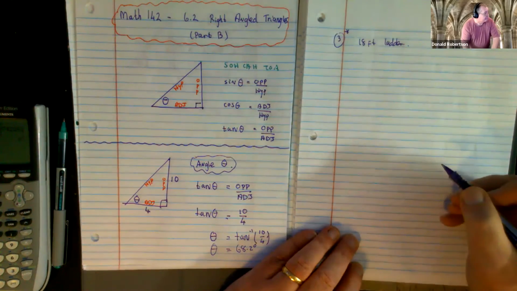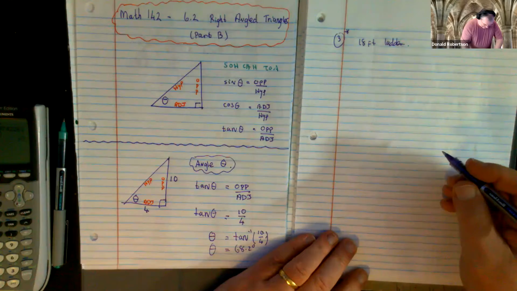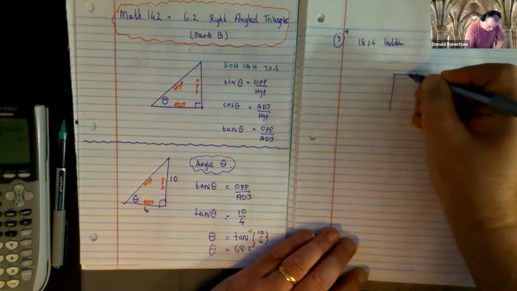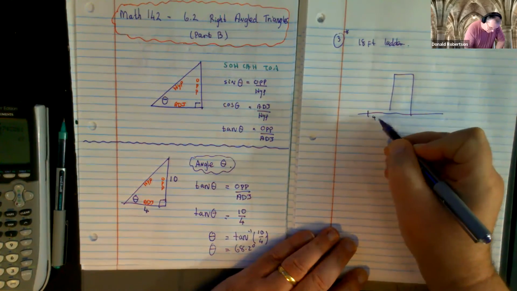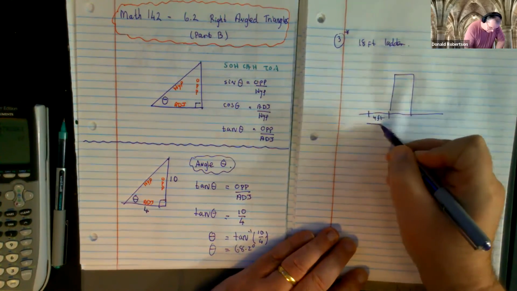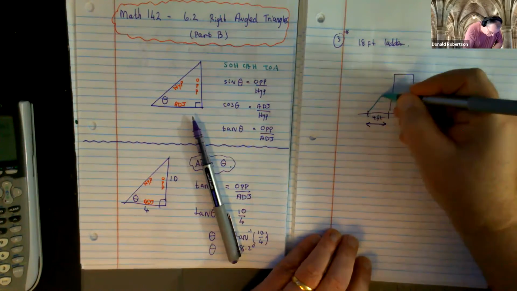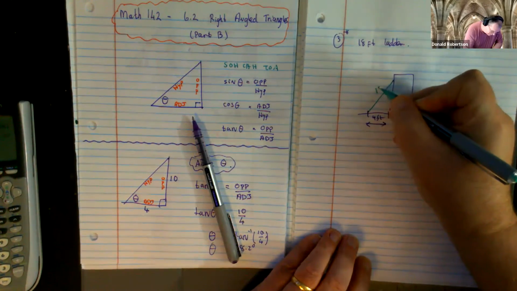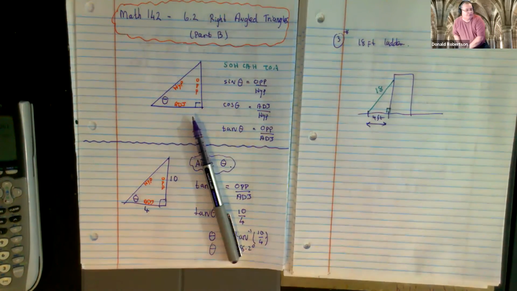If the base of the ladder is 4 feet from the base of the building, so here's my building, here's the ground, and it's 4 feet from the base, you're telling me that that distance is 4 feet. And then my ladder goes like this, and you're telling me that's 18 feet. Can we make the assumption that that's my little right angle triangle there on the side?